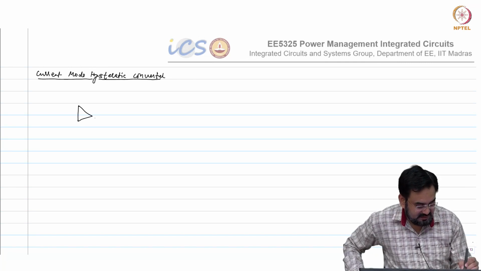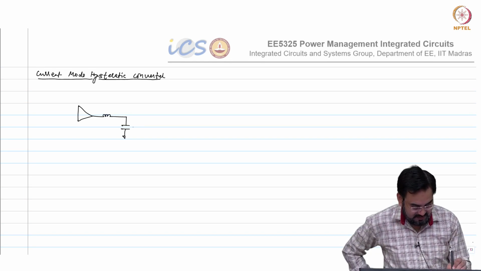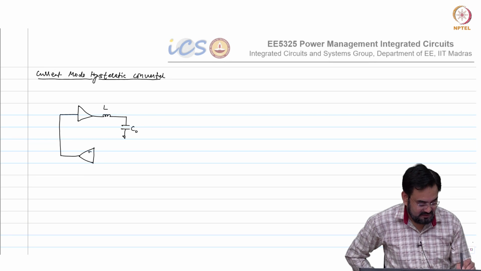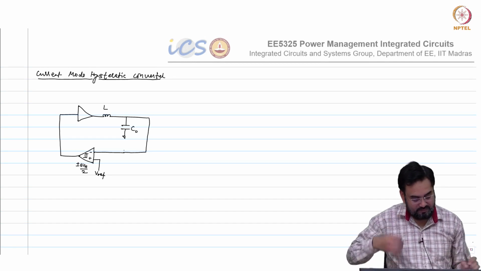So, let us draw the same circuit again. This is C out, this is L. This is your comparator, minus plus, it is a hysteretic comparator.